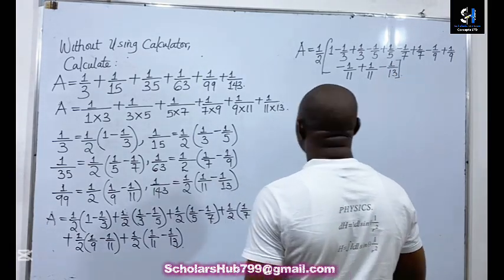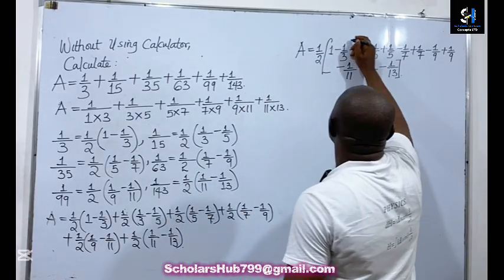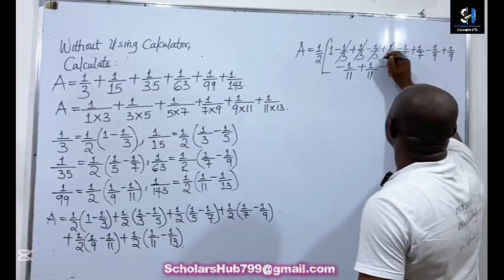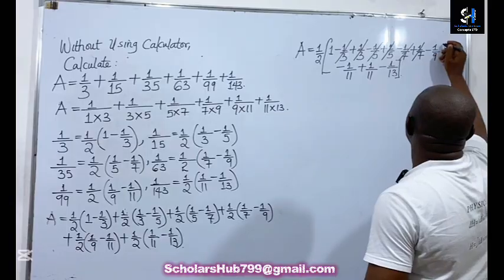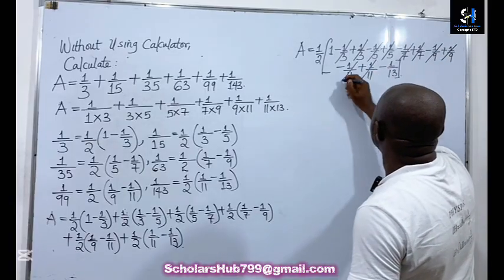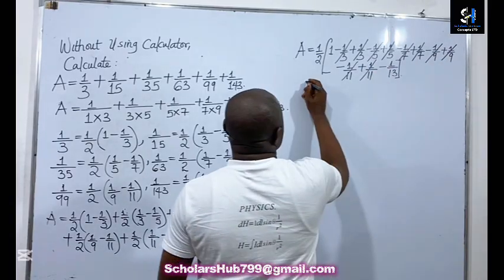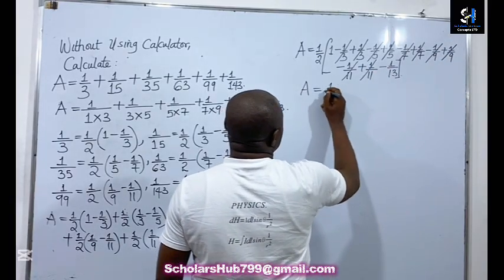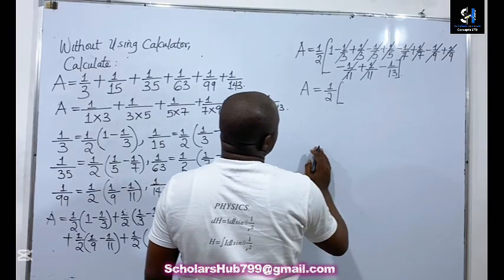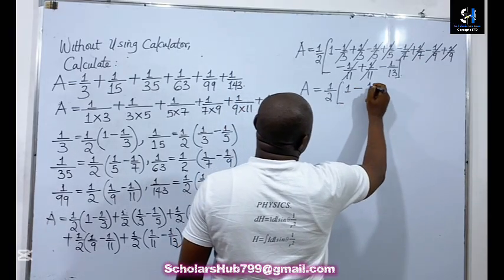So each of these pairs will be 0, and we'll be left with A equals 1/2 open square bracket 1 minus 1 over 13.